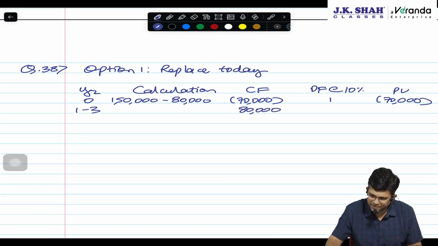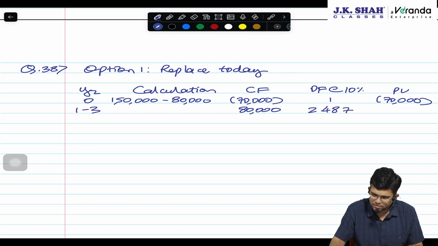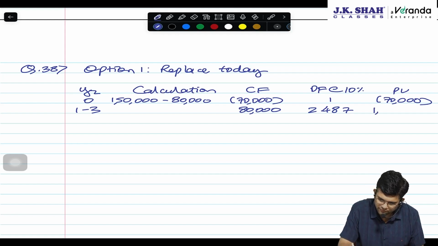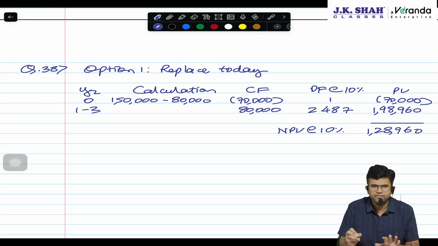So this will be 1 divided by 1.1, 1, 2, 3 GP, 2.487. 80,000 into 2.487 comes to 1,98,960. And that gives you NPV at the rate 10%, 1,28,960. I hope everybody is understanding.